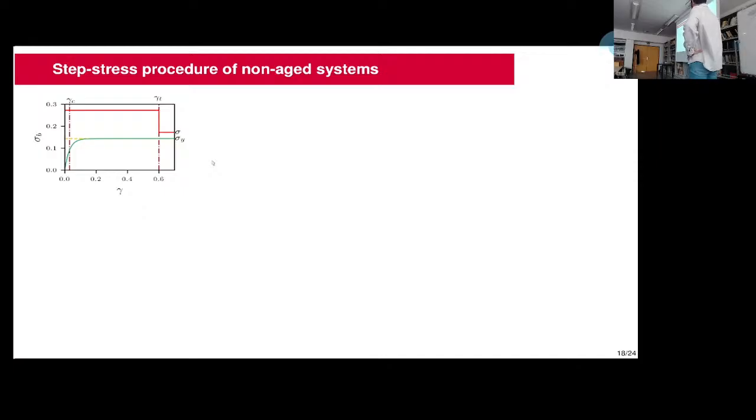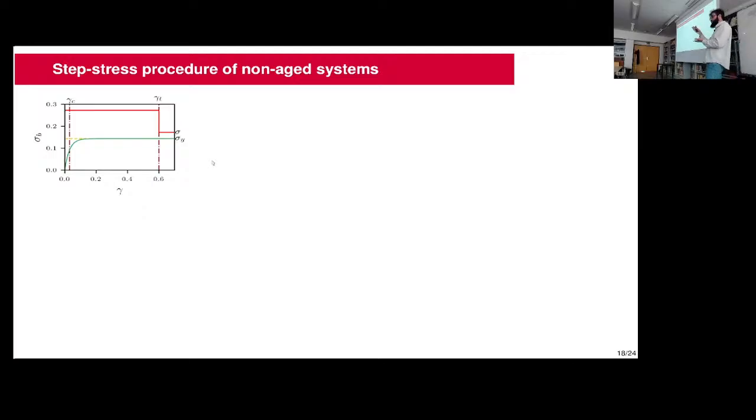So let's start with what is typically done in experiments for the rheology of yield stress fluids. It starts with a pre-stress. So you apply a high deformation to your sample to break all the effect of aging or any structures that you can have.